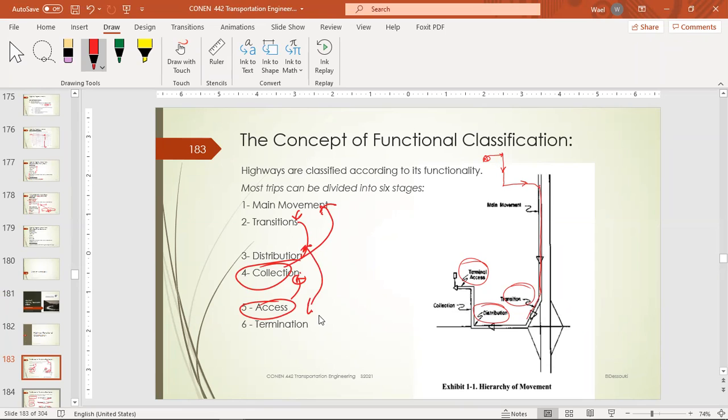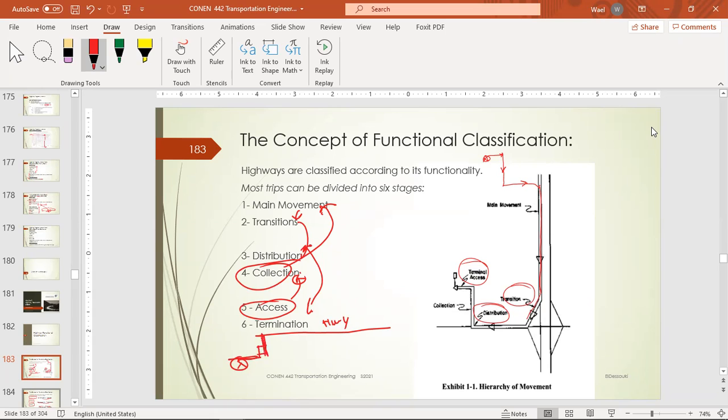That means if you, let me just draw this again. Okay, let me draw another example here. If that's your home, okay, from the streets that you have in front of you in your neighborhood, you get access to the highway. So this is the highway. Okay, so from here, that's access.